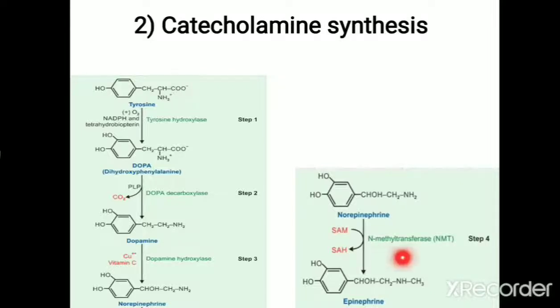The enzyme is methyl transferase. By receiving this methyl group, norepinephrine is converted into epinephrine. So conversion of norepinephrine to epinephrine is an example of a transmethylation reaction. For transmethylation, the major requirement is S-adenosyl methionine, because it has one free methyl group in its structure. So that's all regarding the formation of catecholamine and melanin from tyrosine.